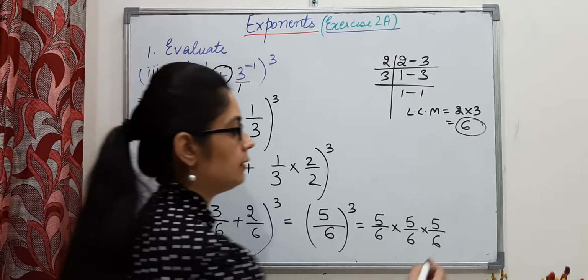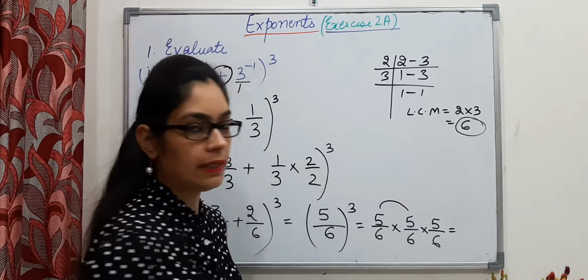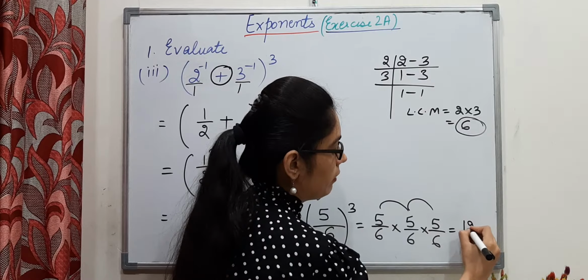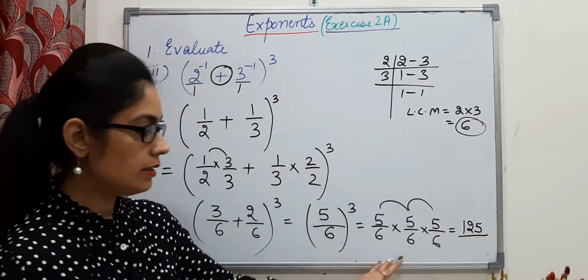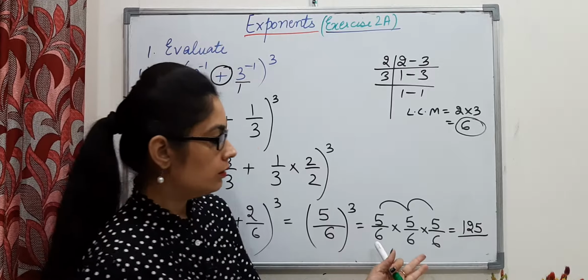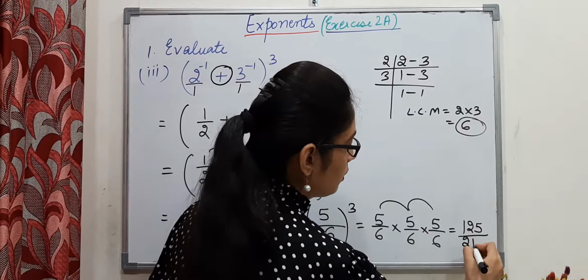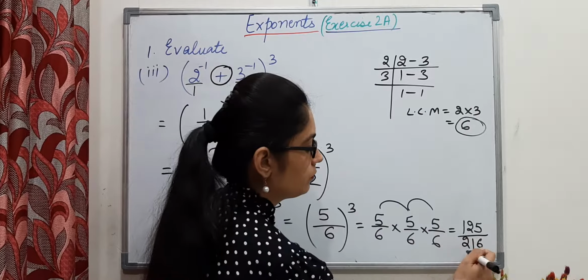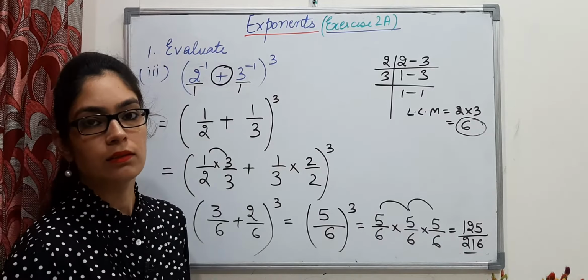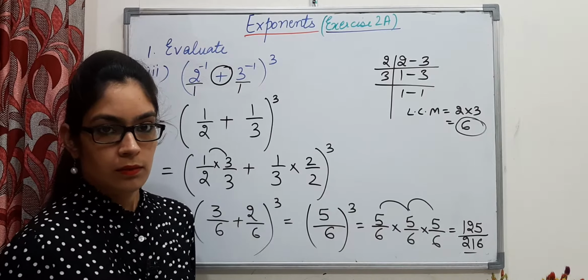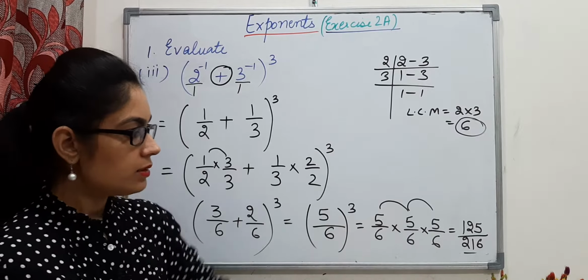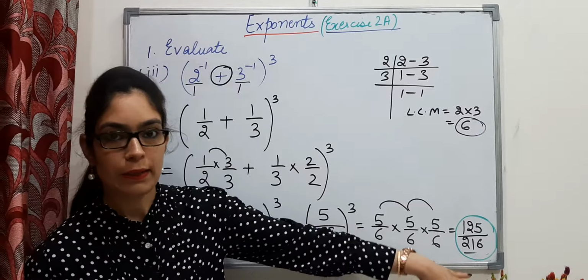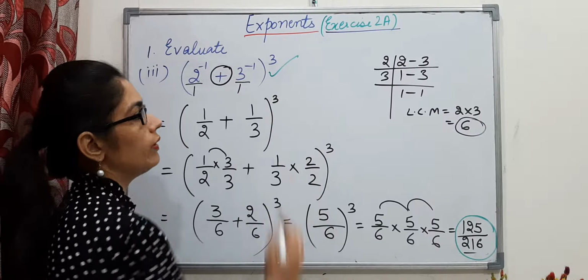So 3 times we multiply. 5 into 5 is 25, 25 into 5 is 125. 6 into 6 is 36, 36 into 6 is 216. So 125 by 216 is the evaluation of this one.